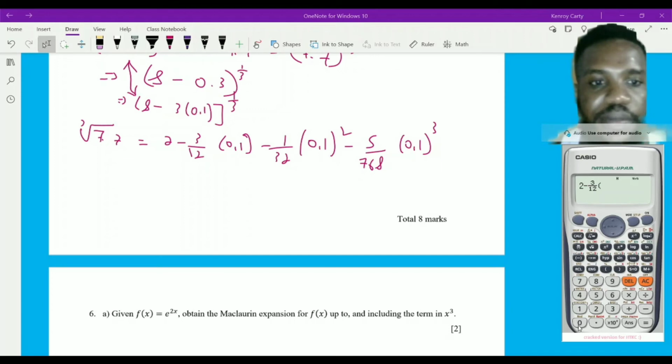So 3 over 12 times 0.1, minus 1 over 32 times 0.1 close bracket squared, minus 5 over 768 and open bracket 0.1 cubed.